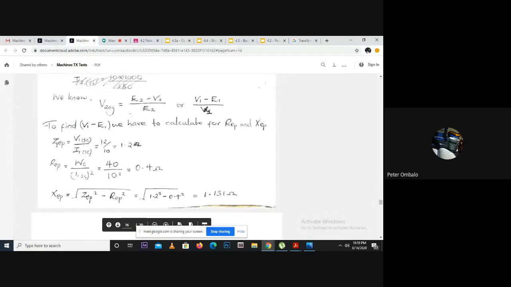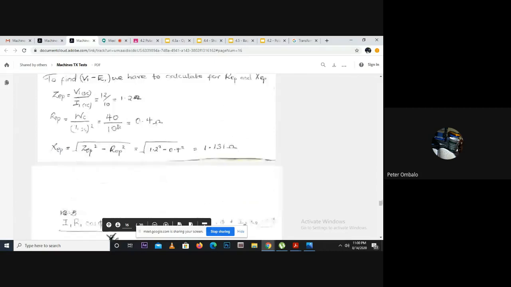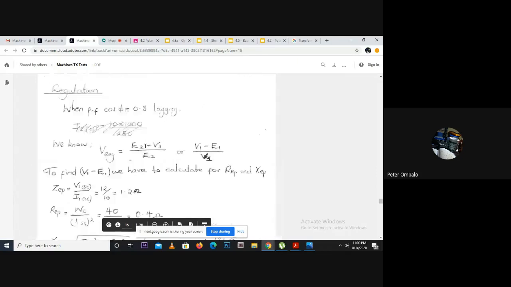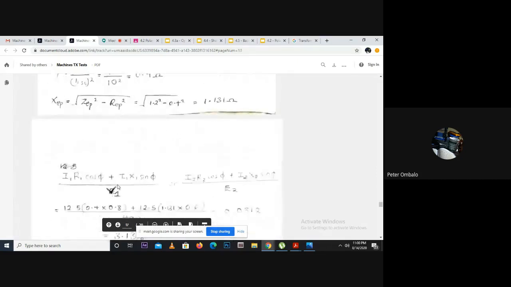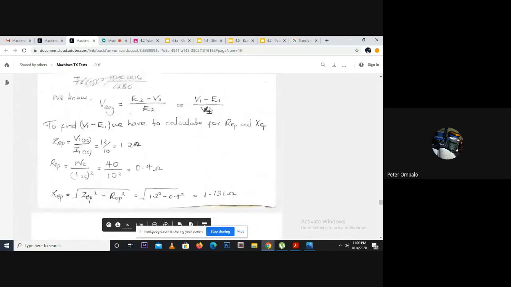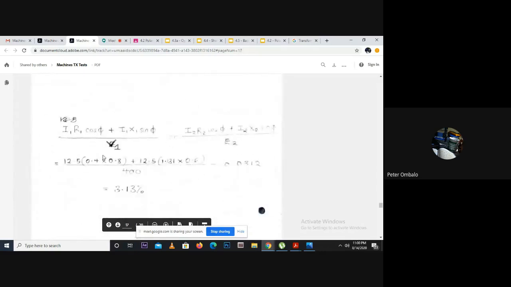So we can find Z, which is the impedance, because we have the resistance and the reactance. And then we have these, so we have calculated for them already. So this is the same formula as this one. This one here is the same formula as this one. And then this one is the same formula as this one. So this is the formula that we are familiar with.